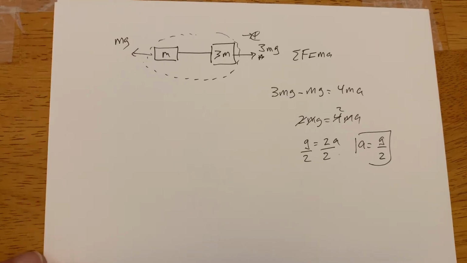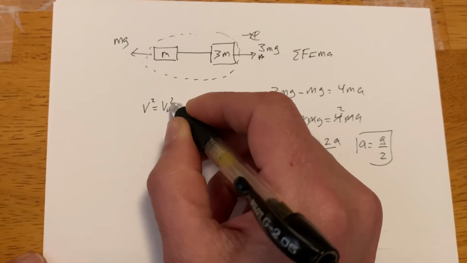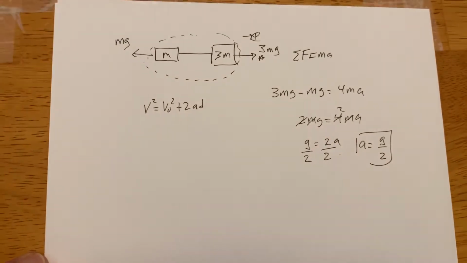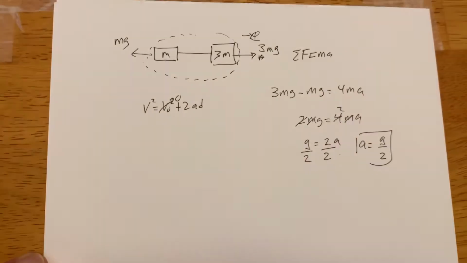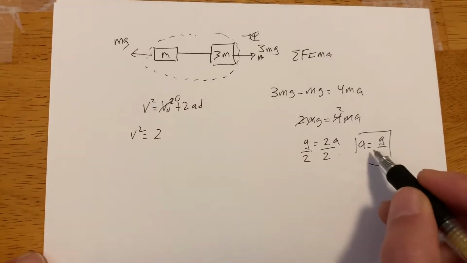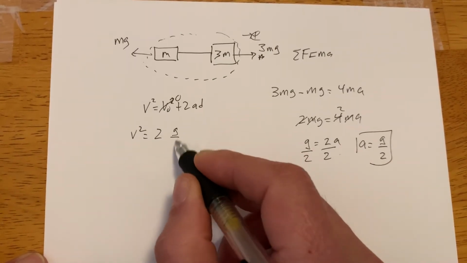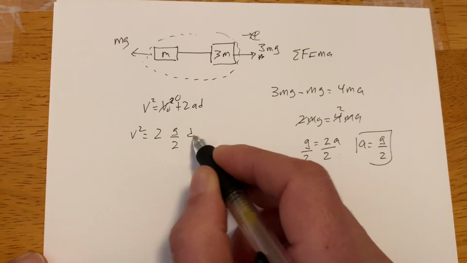All right, but that's not what I want. I want to know the velocity of this guy. So I have to use linear motion. So v squared is equal to v naught squared plus 2ad. It started from rest, so that goes to 0. So v squared is equal to 2ad. But luckily I have a, so I'm going to plug in a as g over 2.